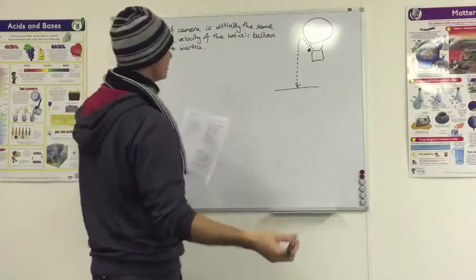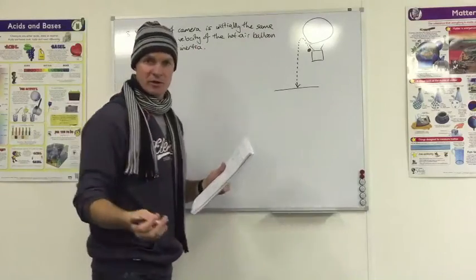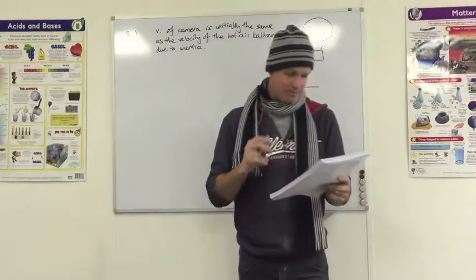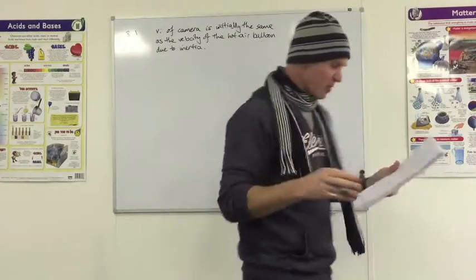Or, so it continues going upwards due to inertia, something along those lines. You're going to get the memo for this as well, by the way. Okay, so that's just a one marker.